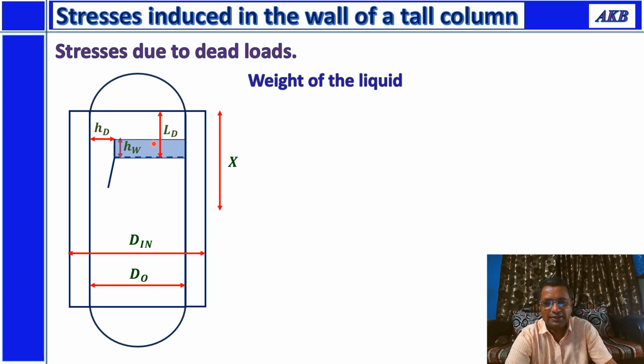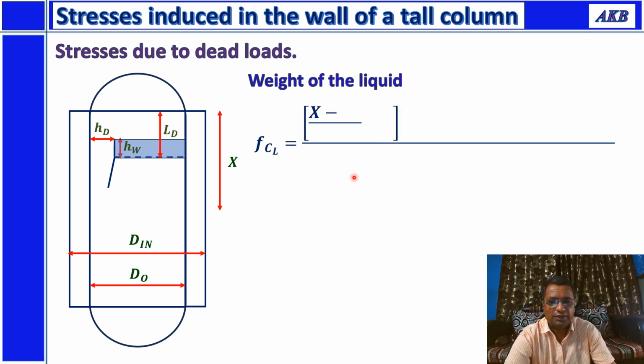Let this length, that means the length from the tray to the top of the shell, be LD. All these parameters will have to be considered for calculating the stress that will be induced due to the weight of the liquid. So the stress is given by this equation.